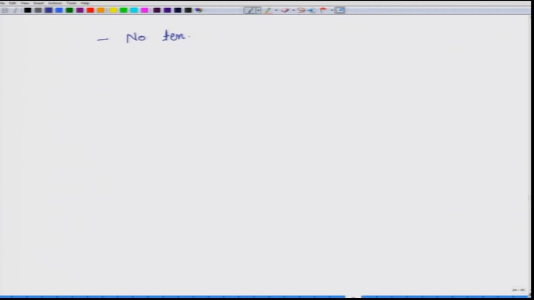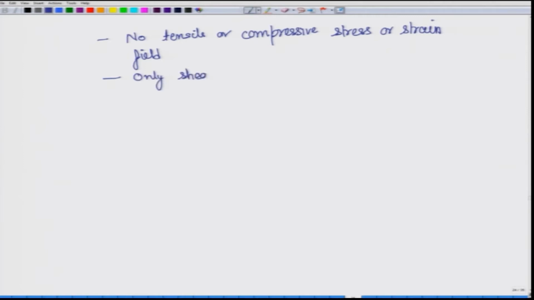So, there are no tensile or compressive stress or even strain field. What we have is only shear, and that too only in certain directions. We do not have any tensile or compressive.